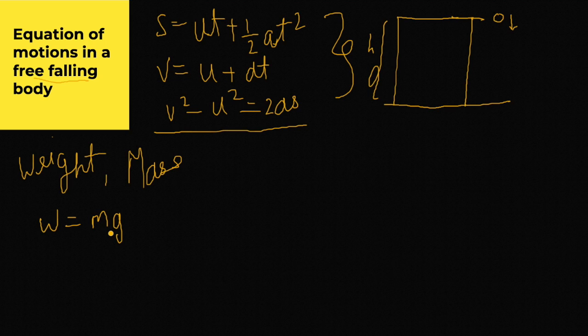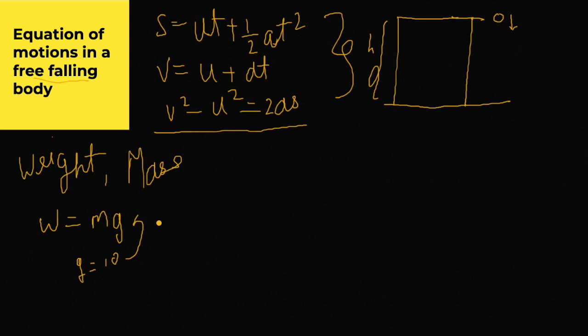But weight is the amount of force being applied on you by gravity. Small g is not just 10, but to keep you on this planet, gravity has to apply some force, right?